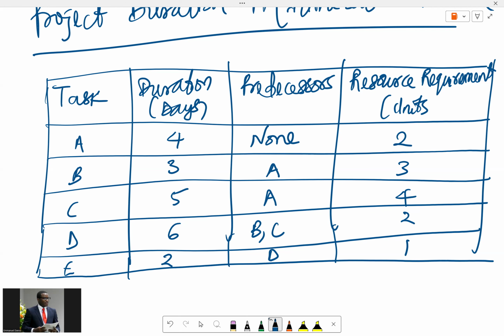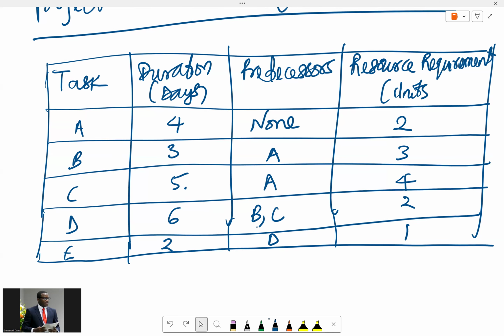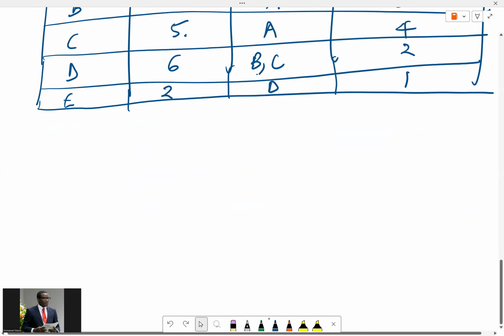Task C depends on task A, requires 4 units of resources, and takes 5 days to complete. Task D depends on tasks B and C, requires 2 units of resources, and takes 6 days to complete. Task E depends on task D, requires 1 unit of resources, and takes 2 days to complete. So let's formulate this now.